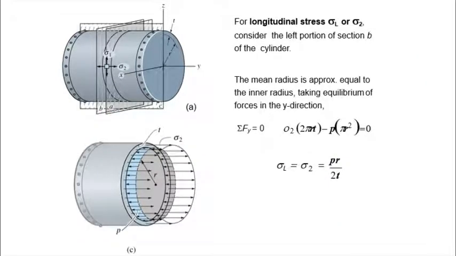Next, we take a look at the longitudinal stress, sigma L, or sigma 2. We take the left portion of the cylinder. If we use the sectioning plane B, then we take the portion to the left of sectioning plane B. Inside the cylinder, we have the pressure P, right?